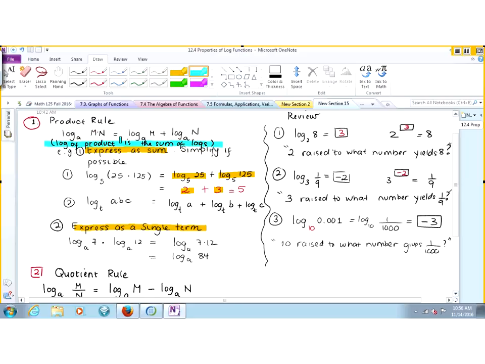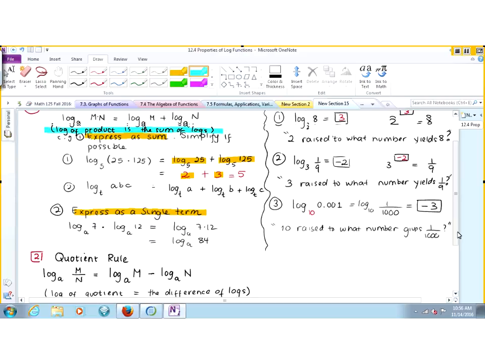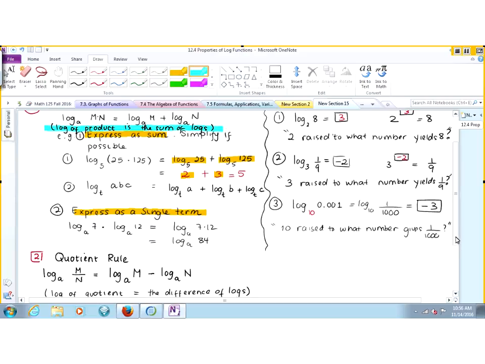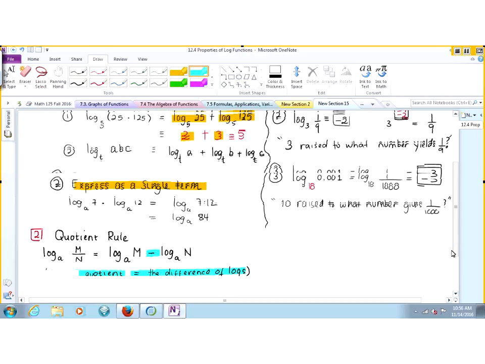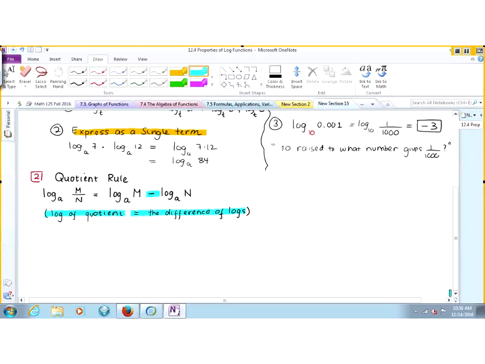That's the new one. Log of product m times n is equal to the sum of logs. And the other one is log of quotient is equal to the difference of logs. This is minus, so that's why it's the difference. This is plus, that's why it is a sum. Are we okay so far?